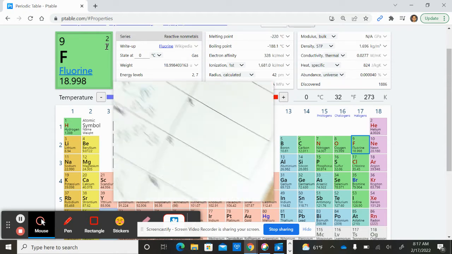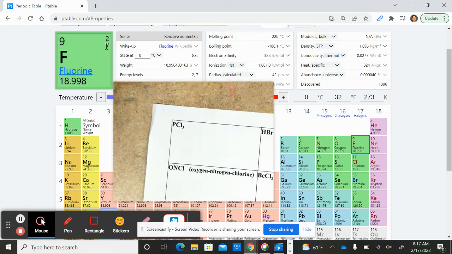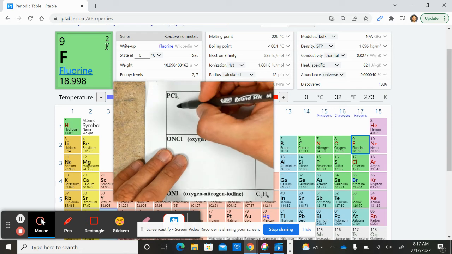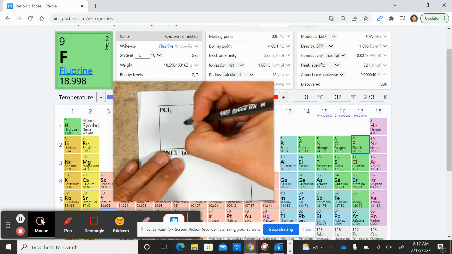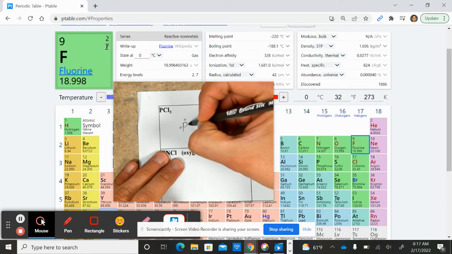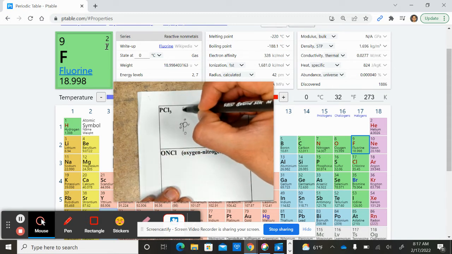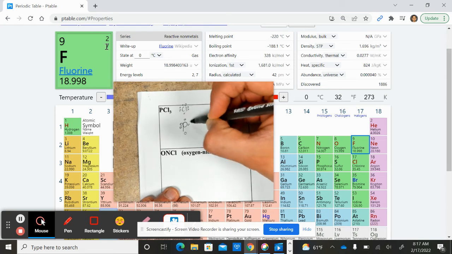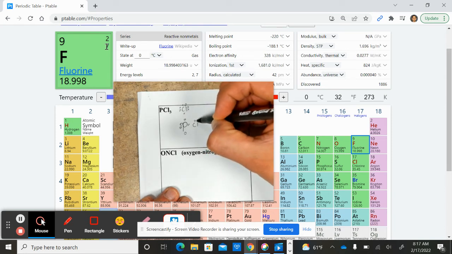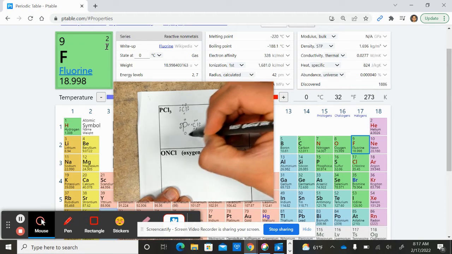All right, let's try the back side. Okay, so now we have PCl3, phosphorus again with 5 dots, 1, 2, 3, 4, 5. And you can already start seeing where we're going to place these chlorines. Since we have been doing this for so long, you can go ahead and just start drawing them out where you think they're going to go.